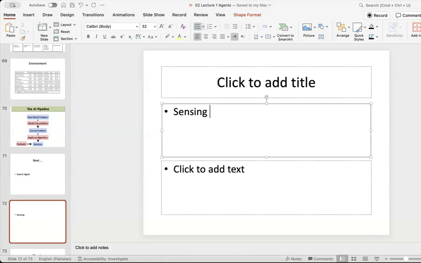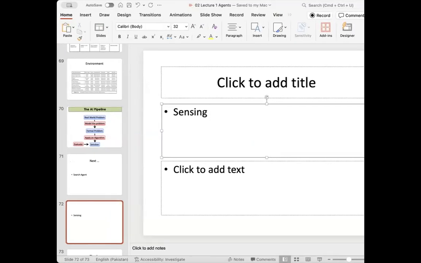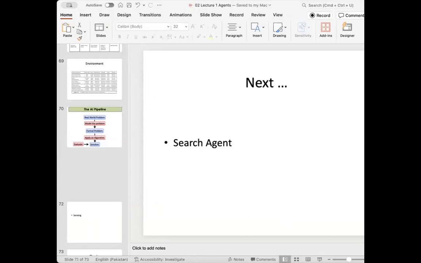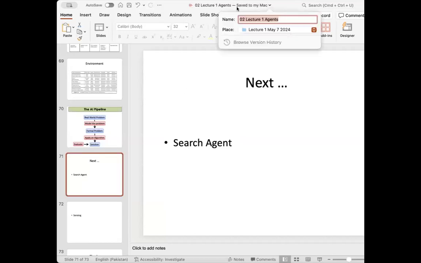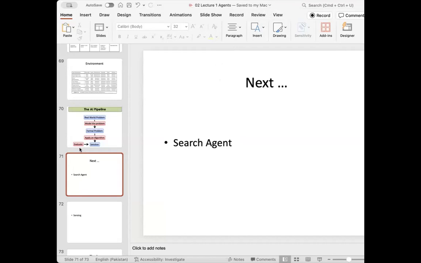Now, when we say sensing, it means that you need to know how you would perceive the environment. For example, in all these three different applications that I've just shown you, the environment was quite different, and the method that was used to perceive the environment and the situation was different.